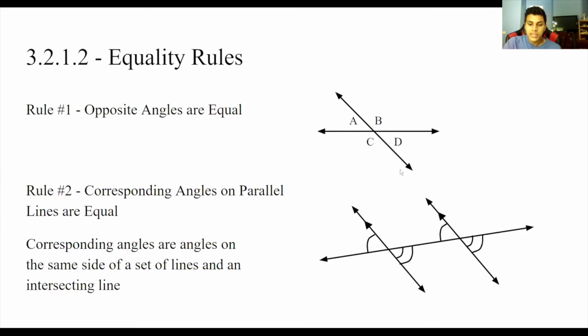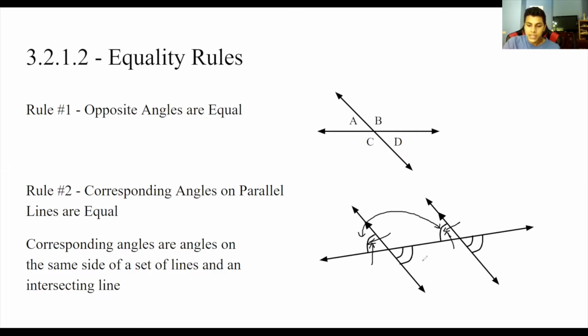So the reason that these are corresponding angles is because if we look at the definition, they're on the same side of a set of lines, which is the set of parallel lines, in an intersecting line. They're both on the left-hand side of the parallel lines, and they're both on the top of the intersecting line for this angle and this angle here, which are two corresponding angles.